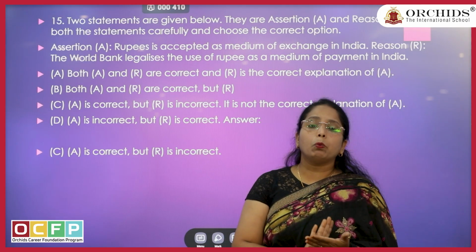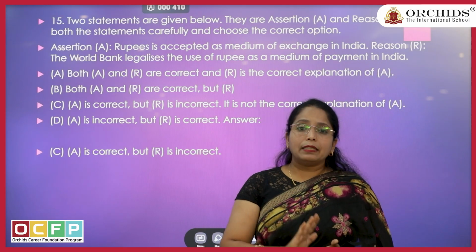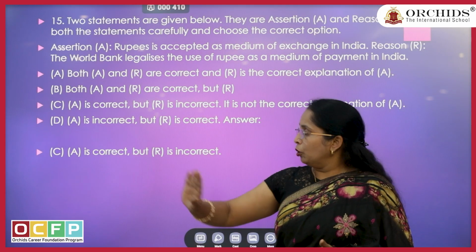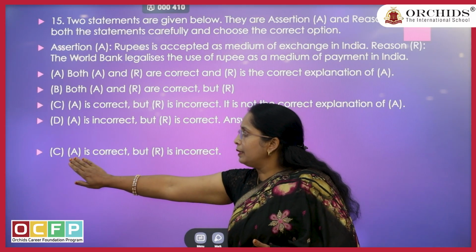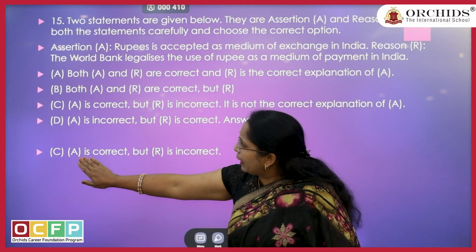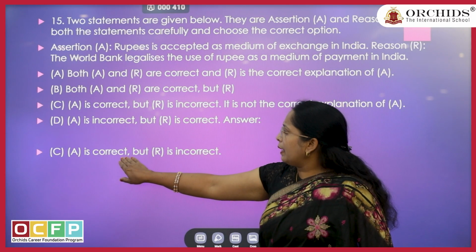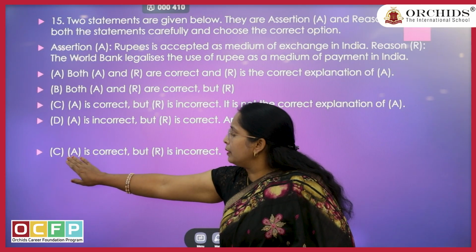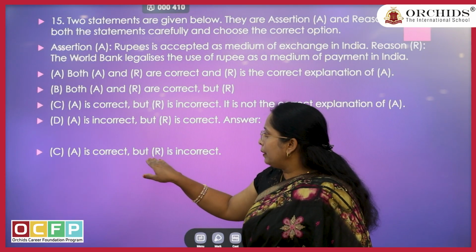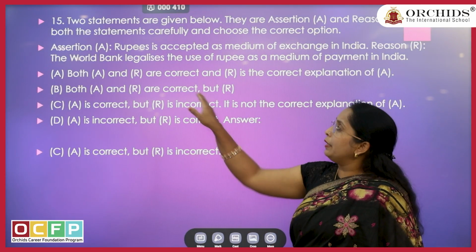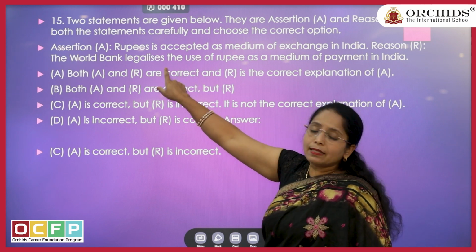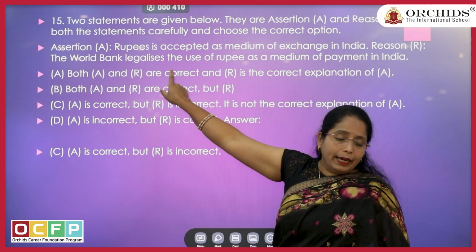No, it is not the World Bank, it is the Reserve Bank of India. So option C is the right answer. A is correct, but the reason is incorrect. It is not the World Bank, it is the Reserve Bank of India.